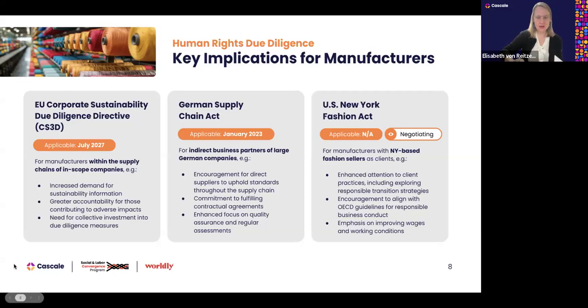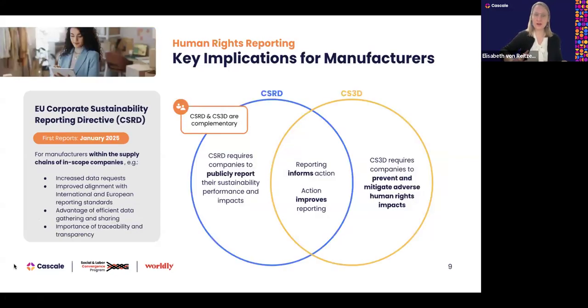In the next slide, I would like to quickly look at the area of human rights reporting and examples of implications for manufacturers. There we have the EU Corporate Sustainability Reporting Directive, CSRD for short.